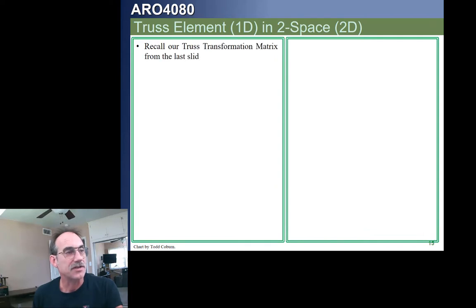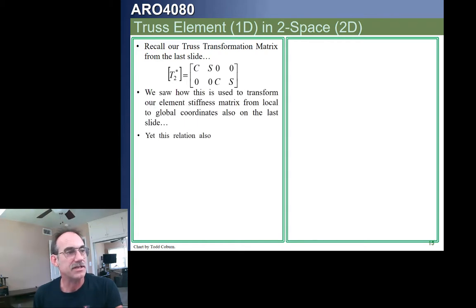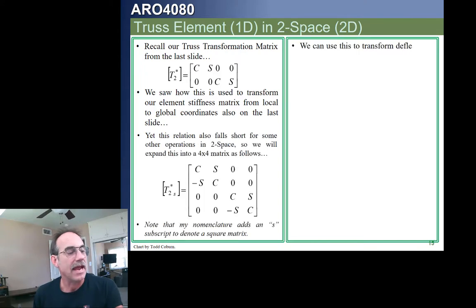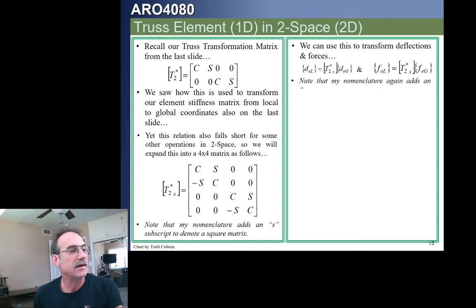So, just to kind of summarize here, this is what we have. We have our truss transformation matrix, T star. That's for the two-dimensional system, right? We saw how this can transform our element stiffnesses. And this gave us the T star square matrix, we're calling it, right? And we can transform from global coordinates to local coordinates using the T star, just like this, either of those.